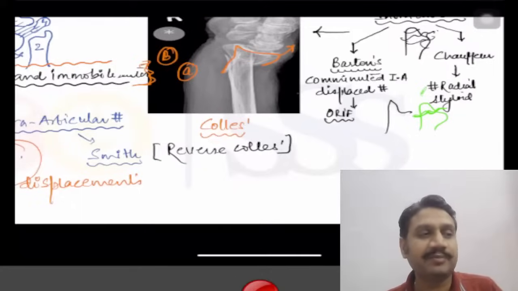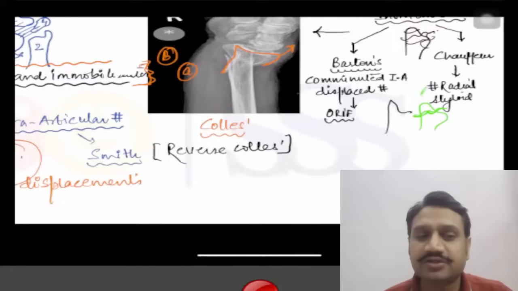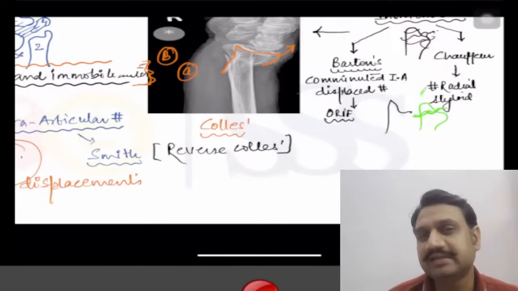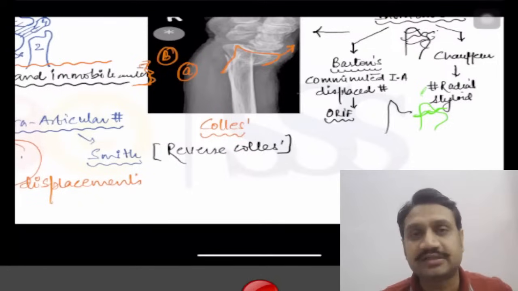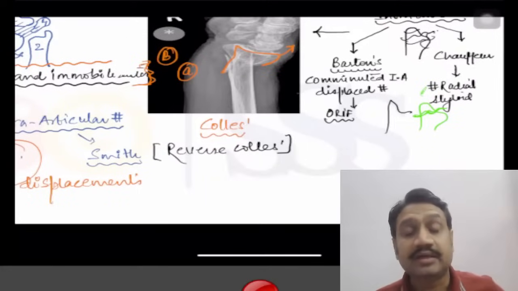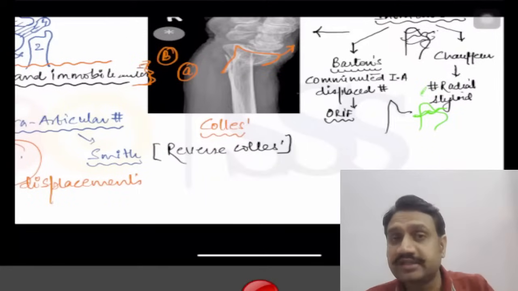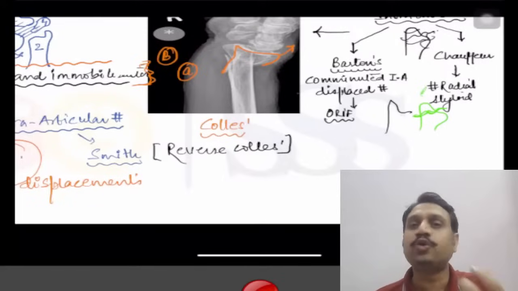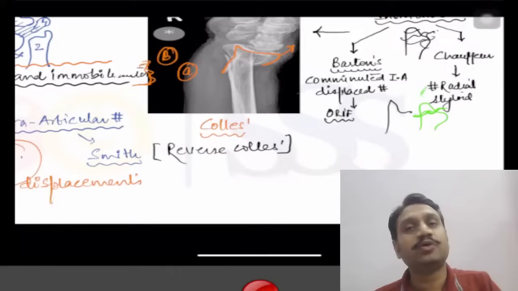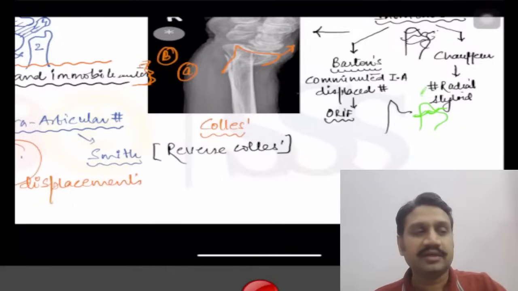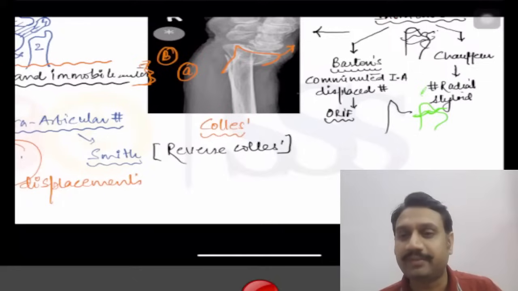So please, for everybody's information, fracture of necessity doesn't always mean that you have to go for open reduction. You don't have to open them all the time. For fixation, you might need to open the fracture, or you might do it without opening it. Both ways are possible, right? So no need to worry about the opening part, right?